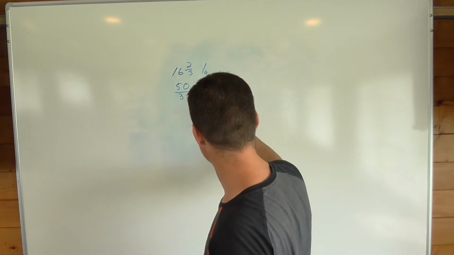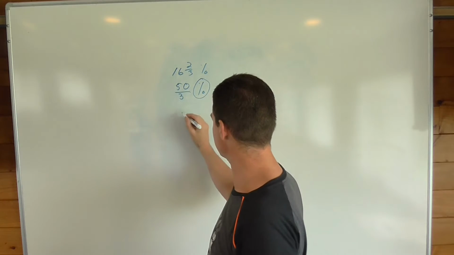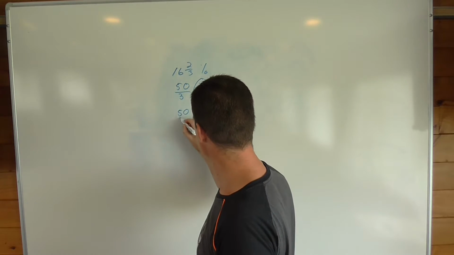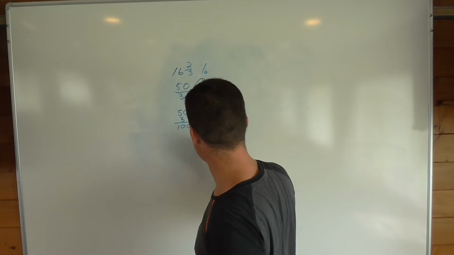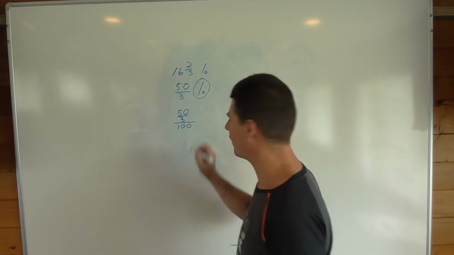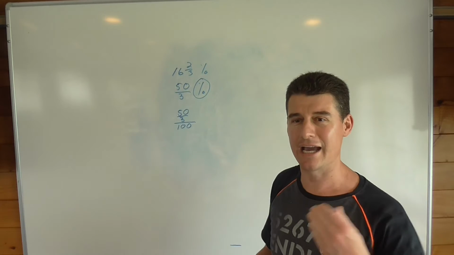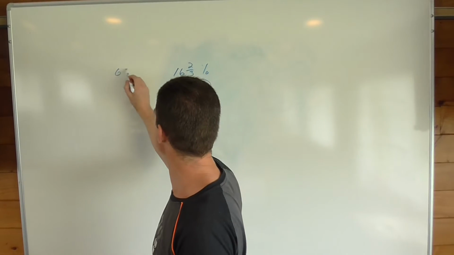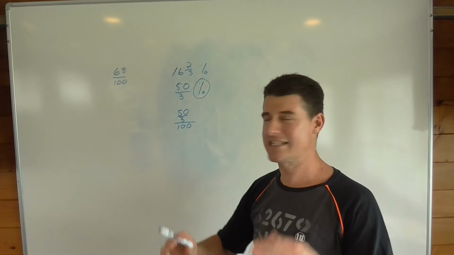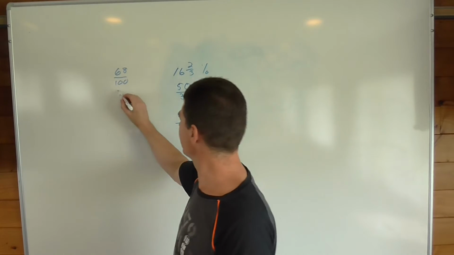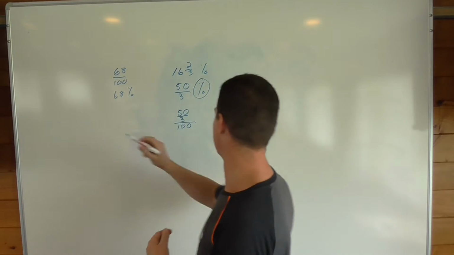So actually, this means 50 over 3 is out of 100. That's like saying 50 over 3 divided by 100. Remember when we had 68 over 100? That is 68%. Now the same with this.